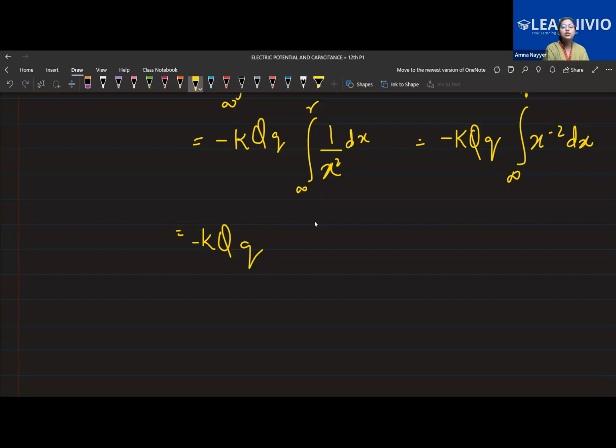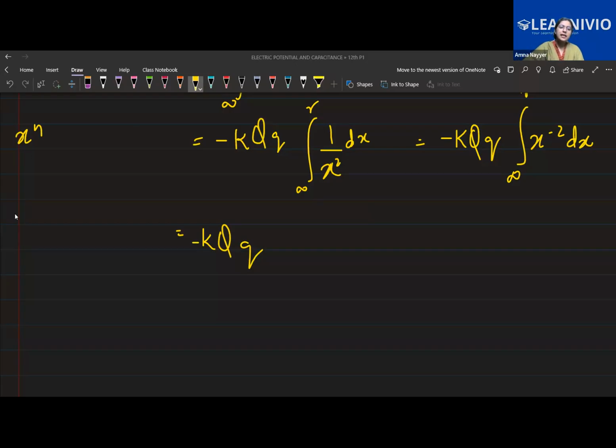X to the power minus 2 is there. So how do you integrate it? X to the power n is there. How do you integrate it? Jesslyn, are you answering? Are you typing? X to the power n is there, then how do we integrate?